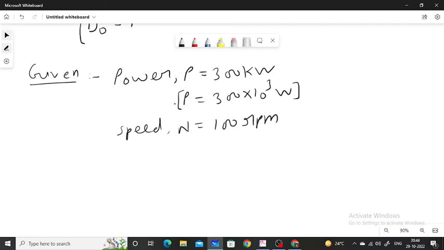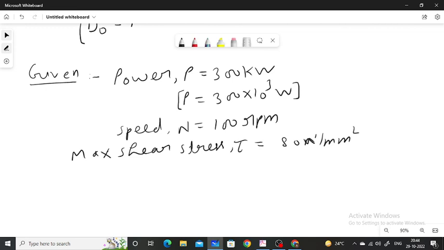First, if the shear stress is not to exceed 80 Newton per mm square, so maximum shear stress tau is given as 80 Newton per mm square. Find its diameter.